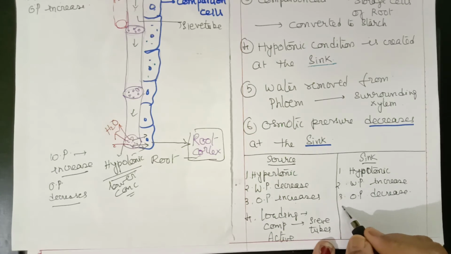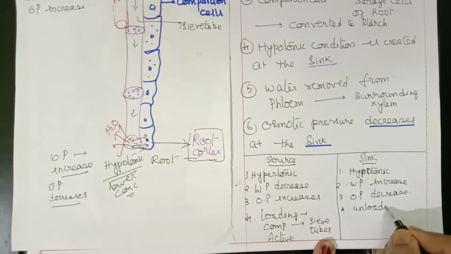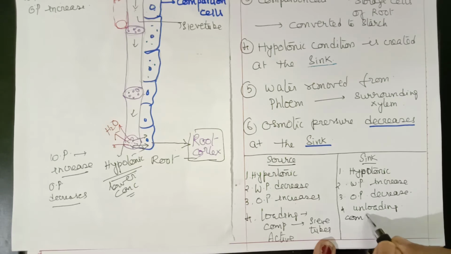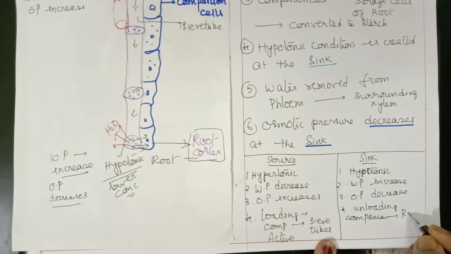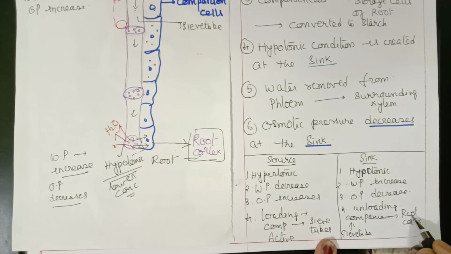Same thing in the case of the sink is called the unloading process. In unloading, food moves from the sieve tubes to companion cells and then to the other cells of the root, like the root cortex.